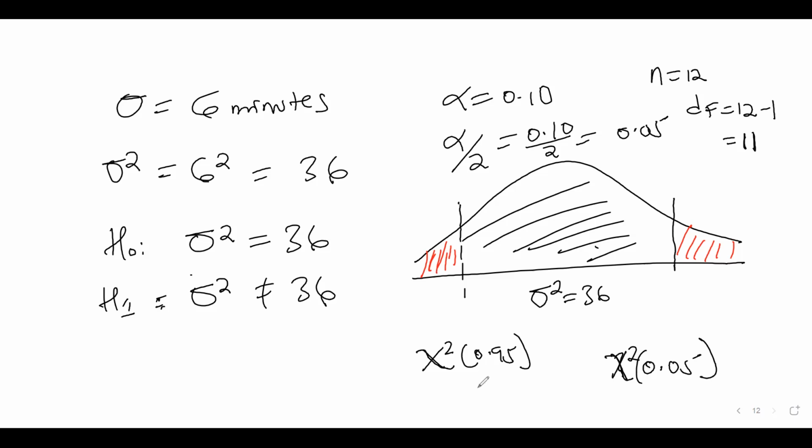Now let's go to our chi-square table. So remember, the degree of freedom is 11, all right?